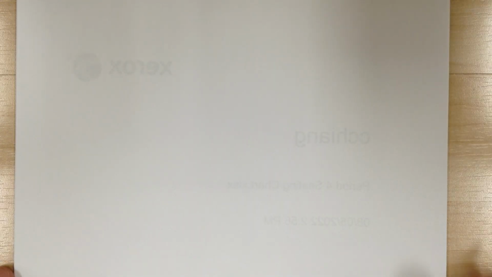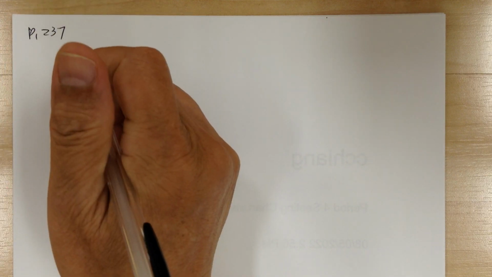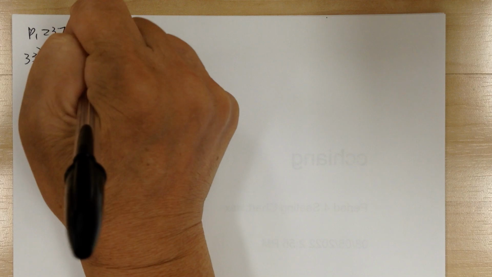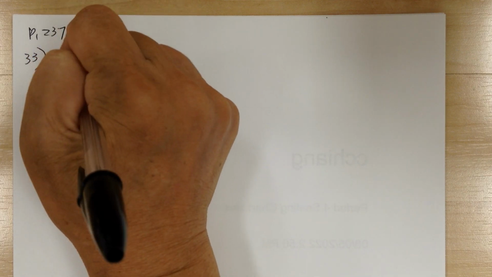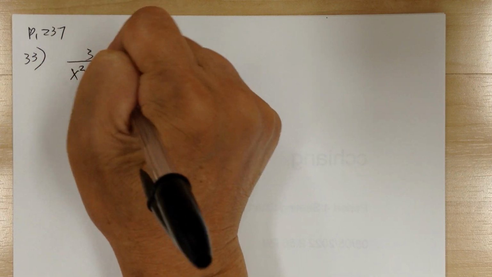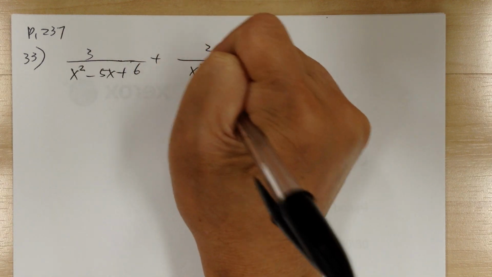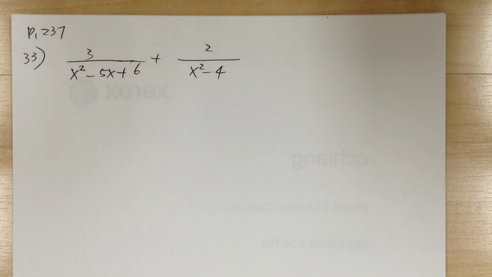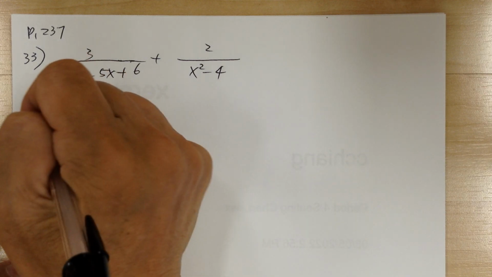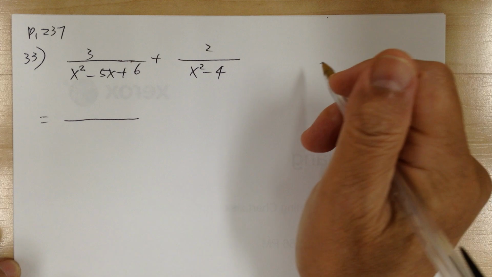Okay, let's go to the next one. You have 3 over x squared minus 5x plus 6, plus 2 over x squared minus 4. You have to do all the factoring first before you can figure out your LCD.